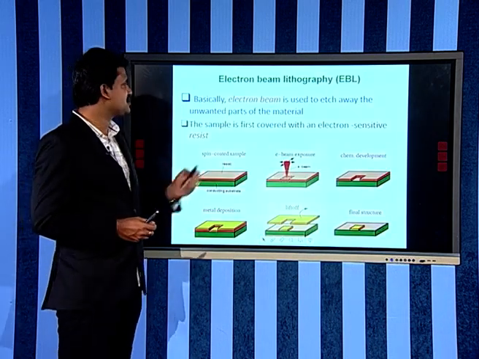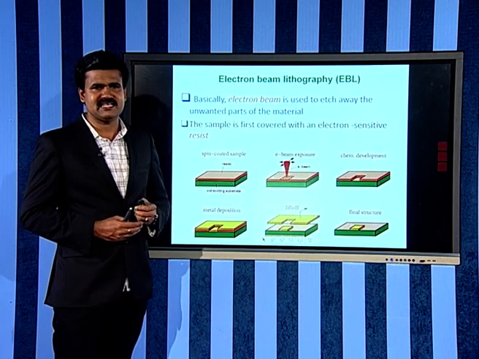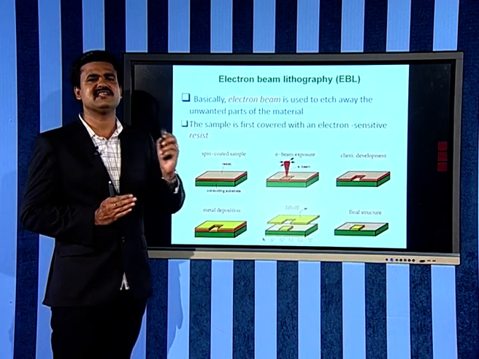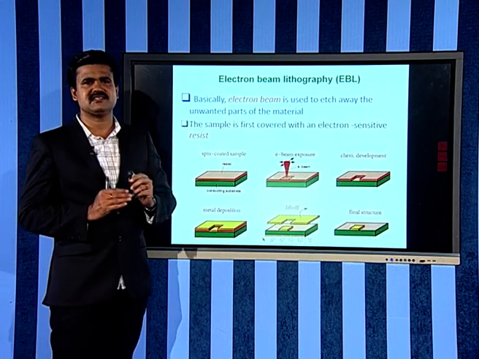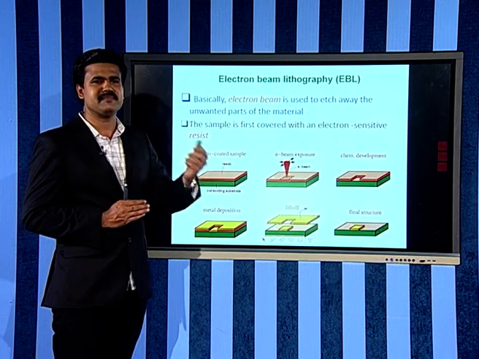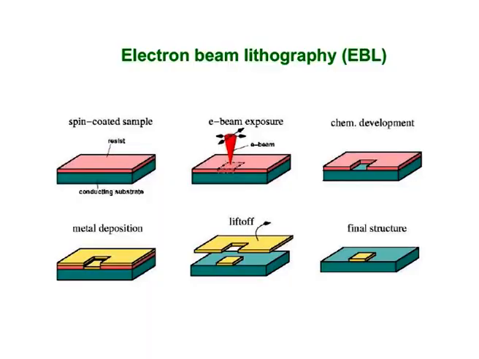Now, the first one, electron beam lithography. As the name indicates, we are using a high energy electron beam instead of photons. The sample is first covered with an electron sensitive resist. I already mentioned the term resist. The resist is then subjected to electron beam exposure.